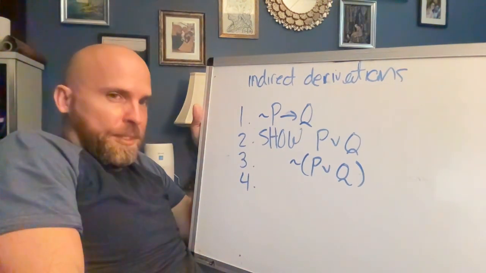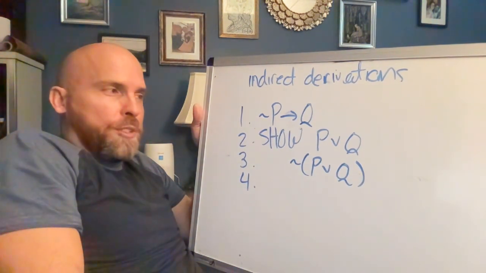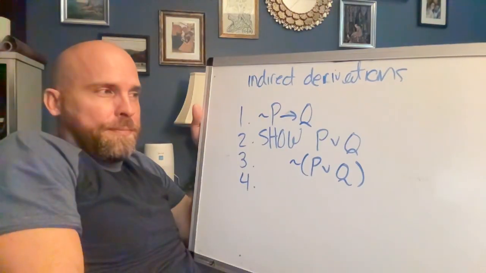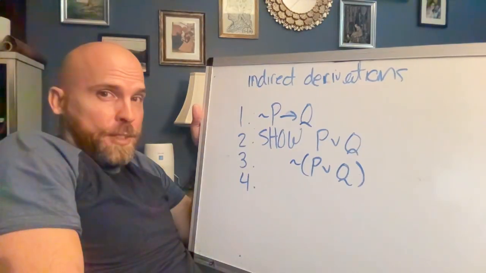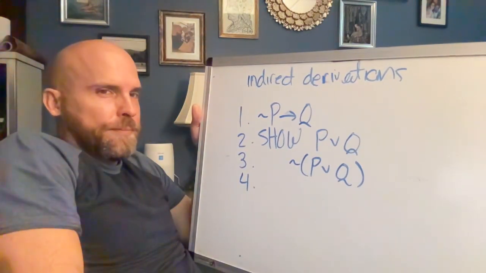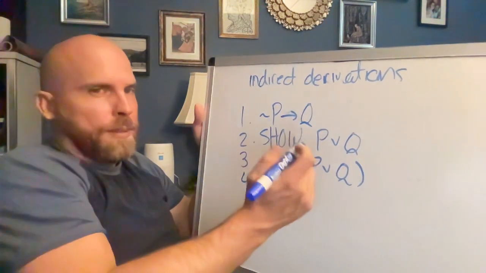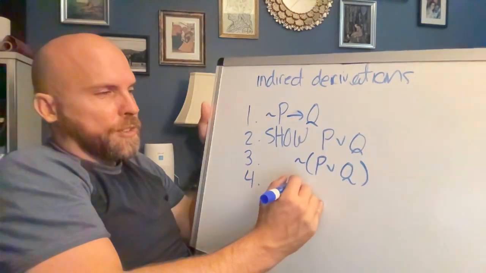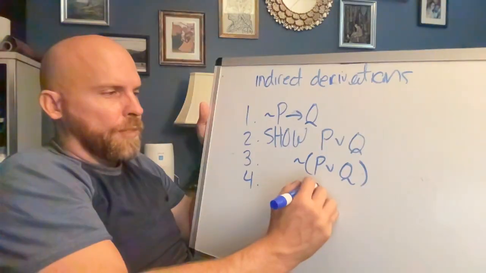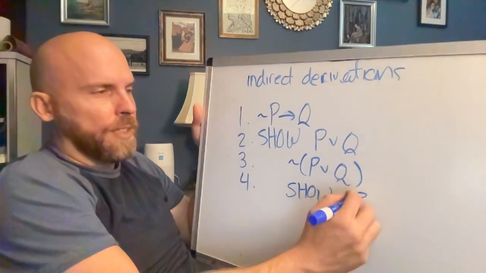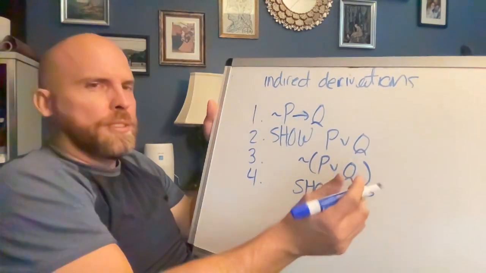Now, we can do that here. Let's say I want to show not P, because I want to get Q so that I can infer if Q then P, or if P then Q, or P or Q. So I might just assume, for maybe an indirect derivation, just like I did up here.